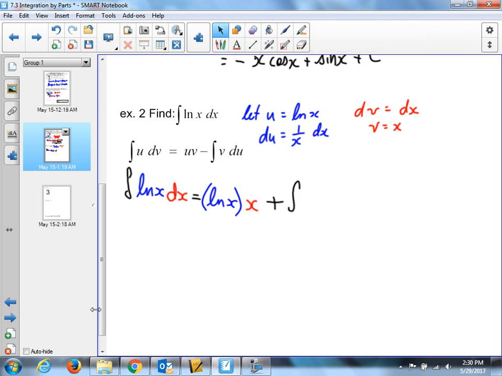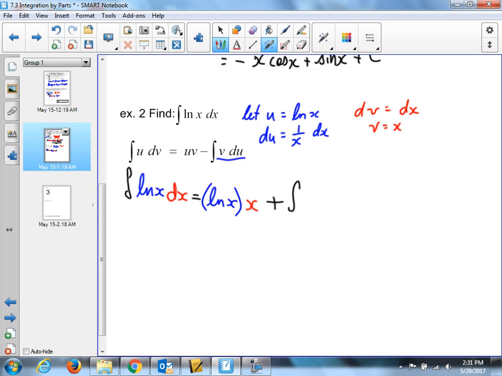Now the integral of v du. I used to have this memorized, because you'd have to memorize this in Math 111. You don't have to for me. But anyways, the integral of u dv is uv minus the integral of v du.